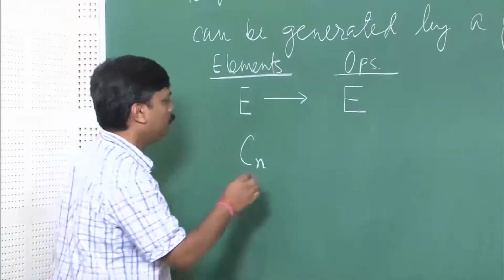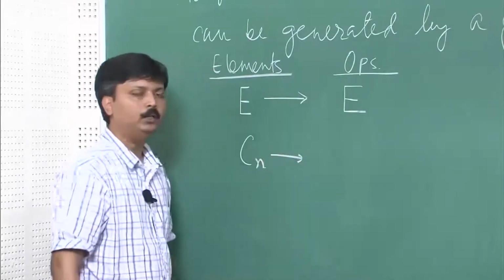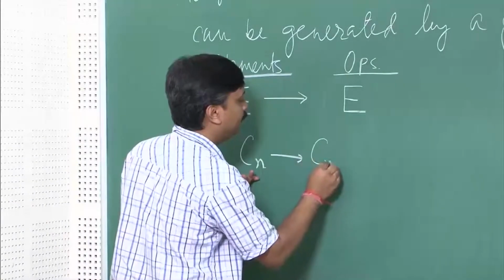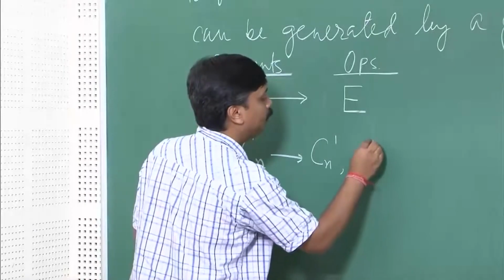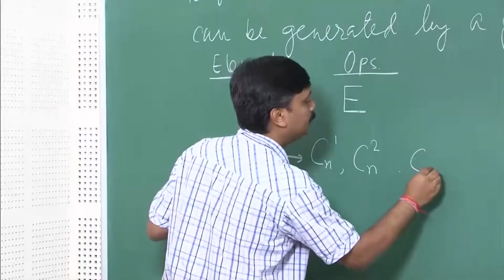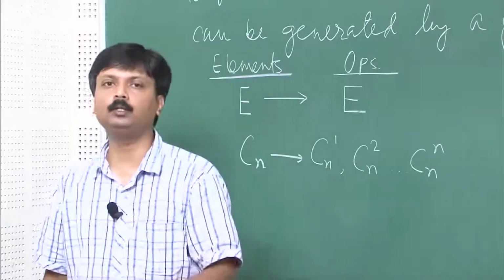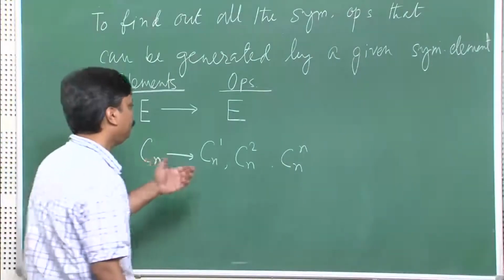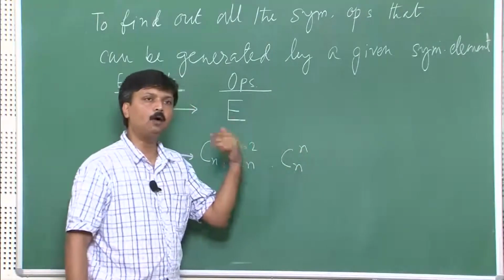So you keep rotating the molecule about Cn. The first rotation will give you Cn1, the second rotation will give you Cn2, and so on. And when you reach Cn, that means you operate a 360 by n degree rotation n times, you will get back the original structure.